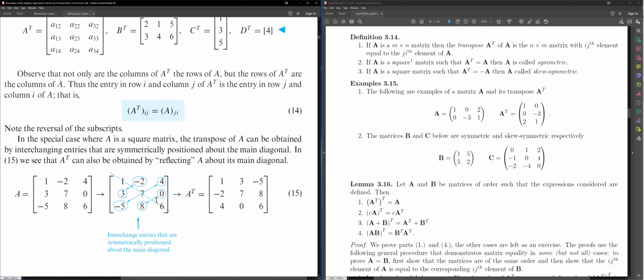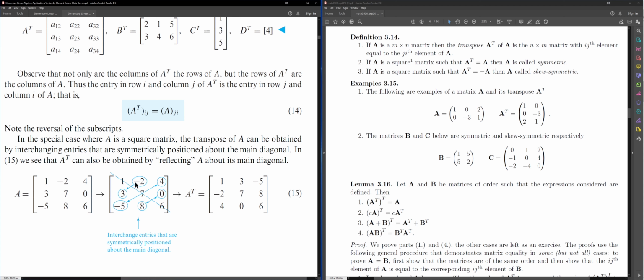So that stays the same, but to form A transpose, you reflect across the diagonal. Notice this minus 2 goes into the position where the 3 was, and the 3 is reflected and comes up on top in this position here.